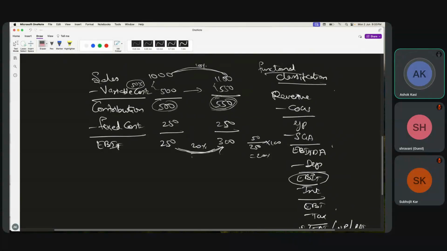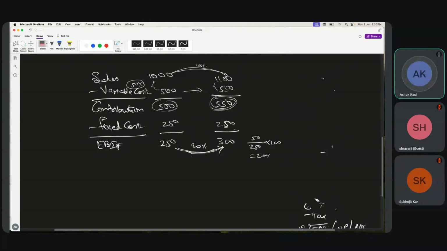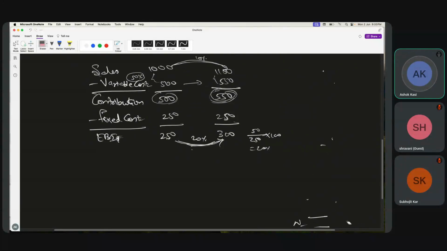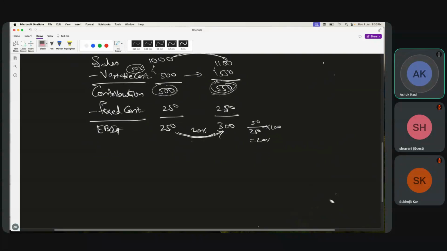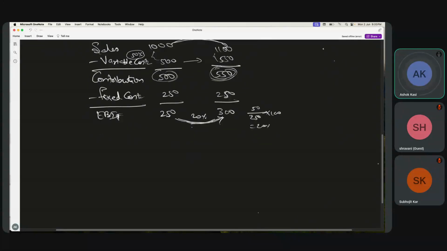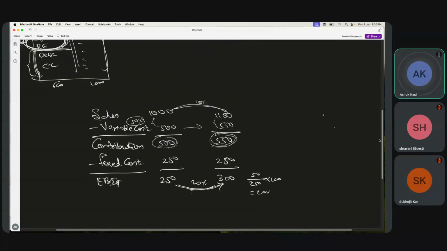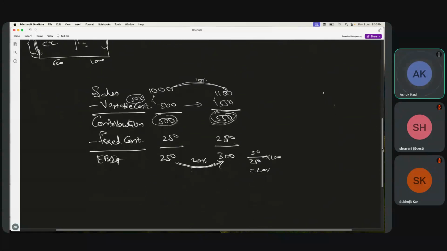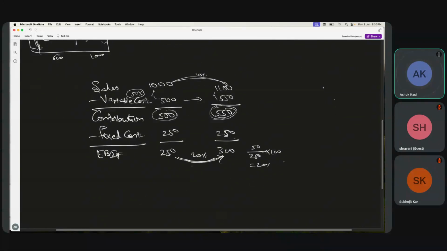Okay, and this degree of operational leverage, now how do I convert this into a formula?